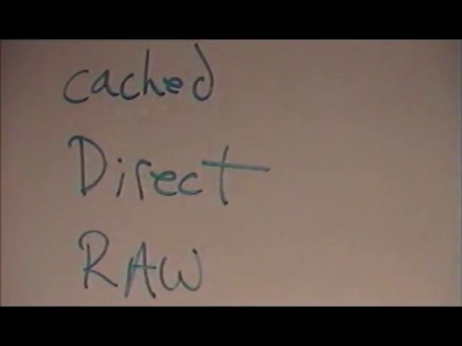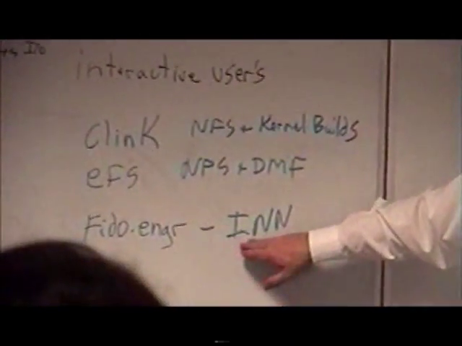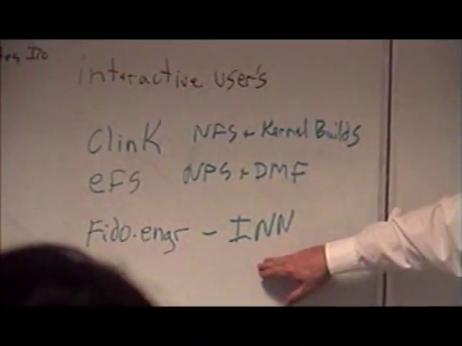So different markets do different things. Now in terms of INN news server, the news articles and everything are going through this. It's doing buffer cache I/O, very little direct I/O. But then you take a command like find or file system backup, CPIO, tar. Some of them will show up as direct I/O. They have to do direct I/O.